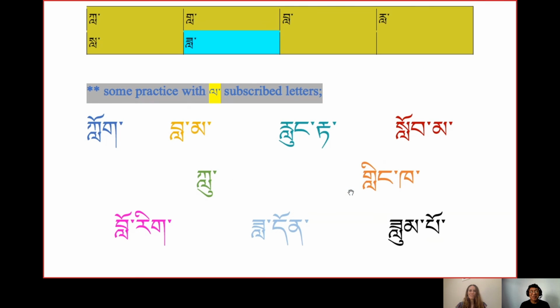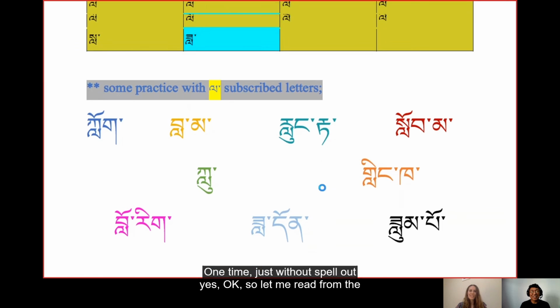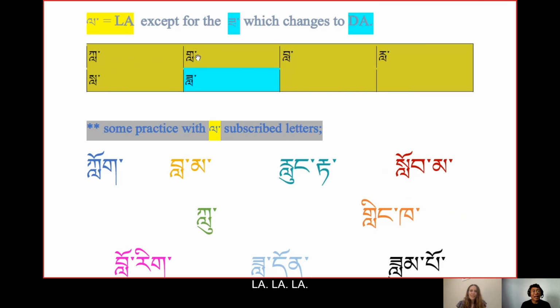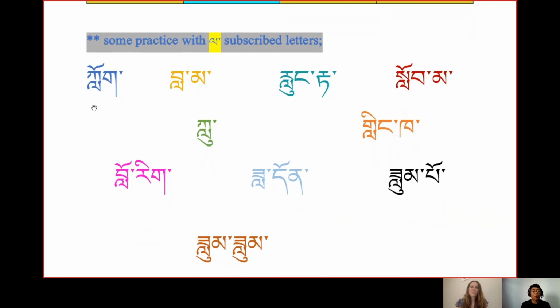Let me read them one time without spelling out. Okay, let me read from the beginning. La, la, la, la, la. Da, da. Then we hear lo.